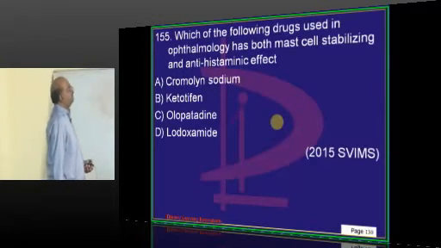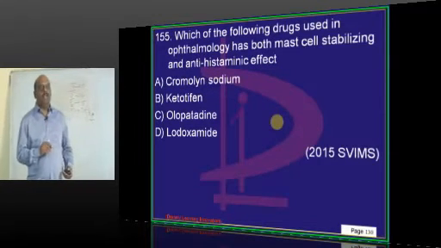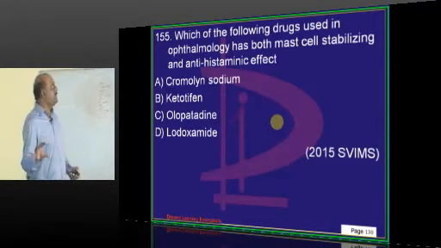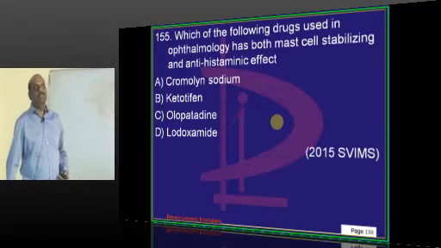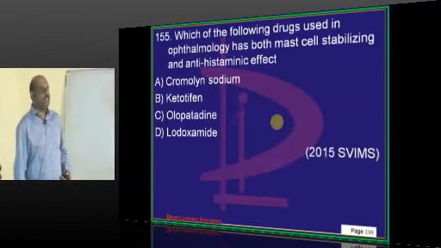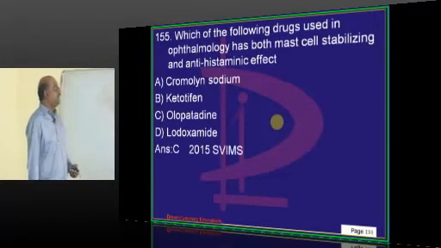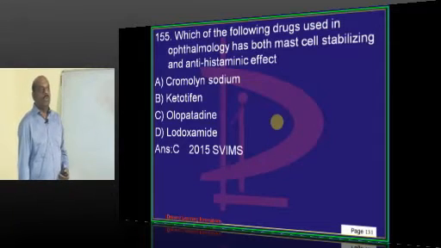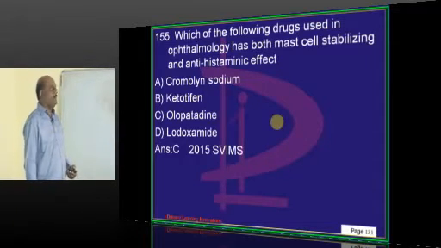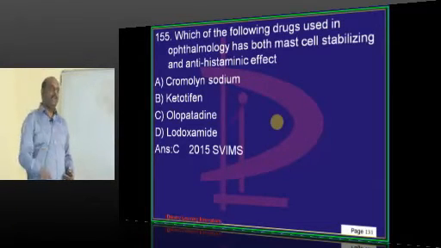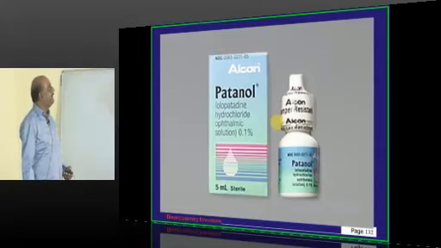Now doctors, which drug has both mast cell stabilizing and antihistaminic effect? Superb question this is. So, it is olopatadine, but it is an over the head question, only by elimination.